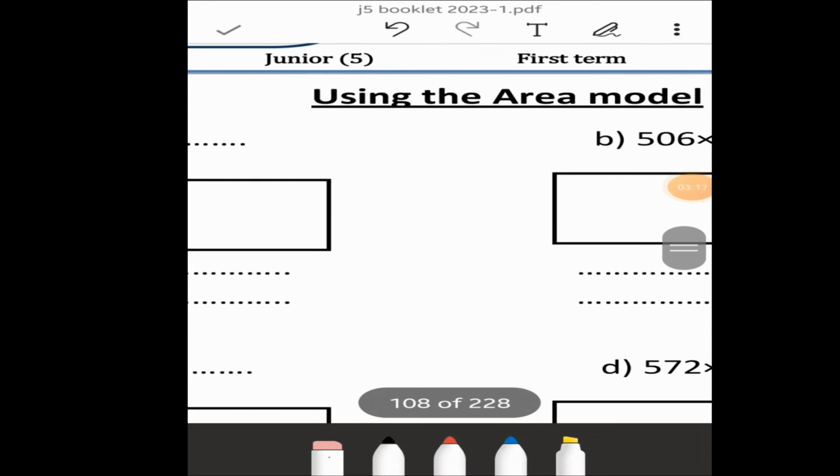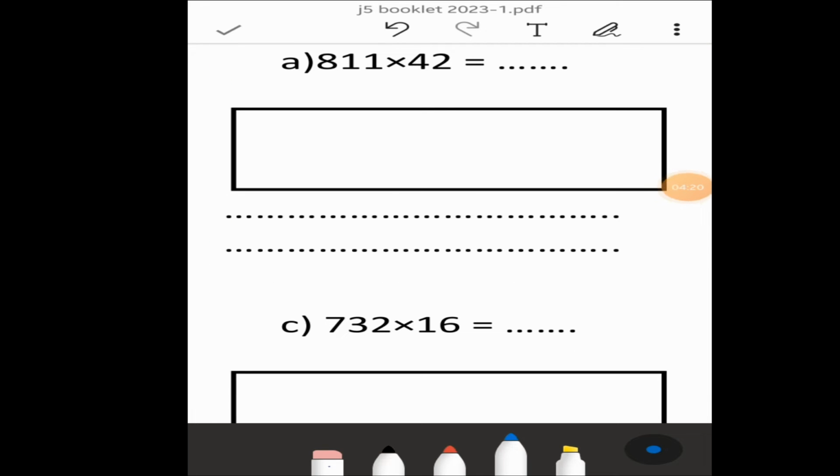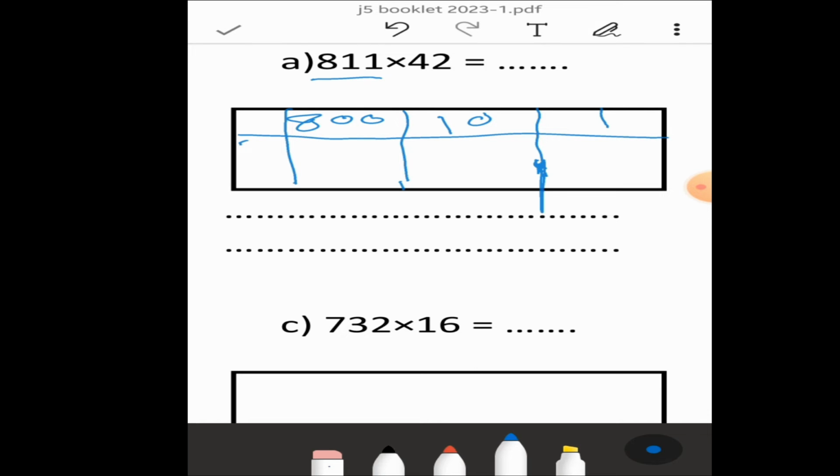So here we will solve an example by using the area model. We will decompose 811 as 800 and 10 and 1. And then we will decompose 42 as 40 and 2. And then we will multiply.